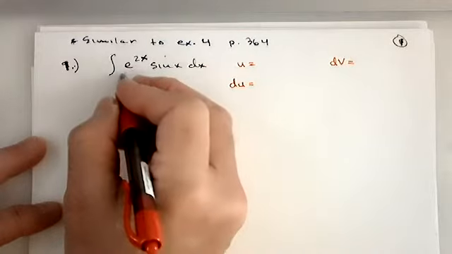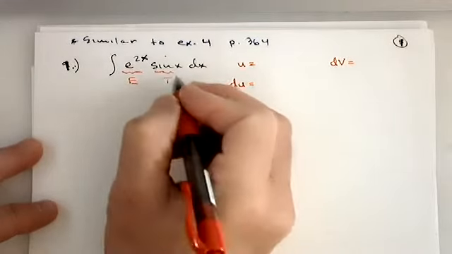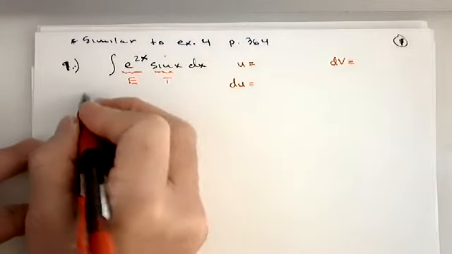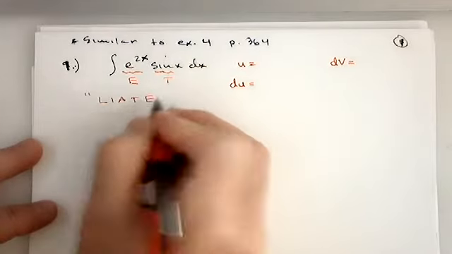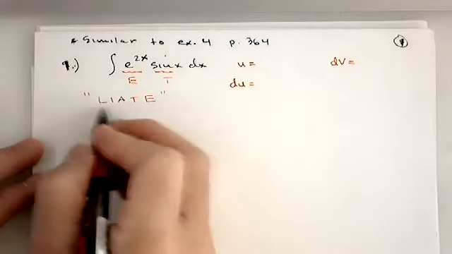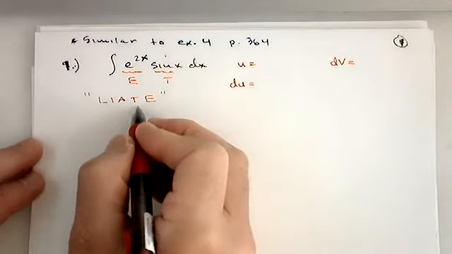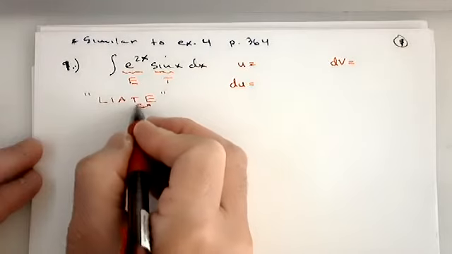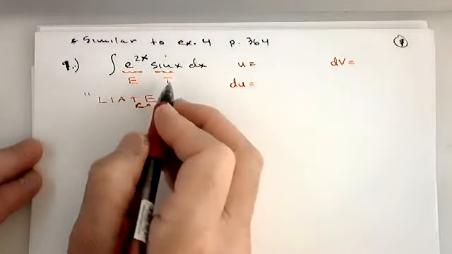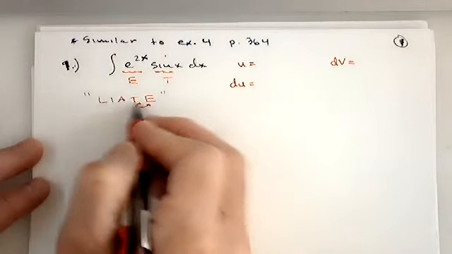And so the truth is when you have an exponential function and a trig function, I heard it mentioned in class, that LIATE thing. Some of you may know that as a guide to who should be your u when you're doing integration by parts. The truth is the T and the E could interchange. If you have one with a trig and an exponential, you could let u equal either one.